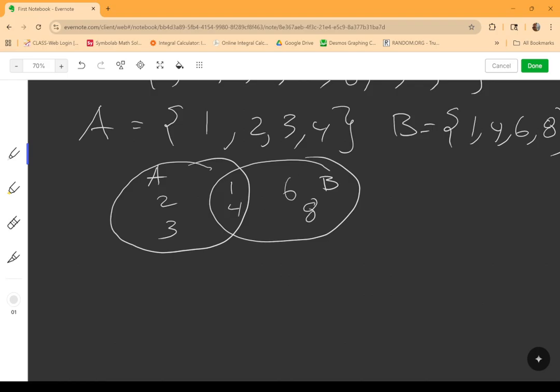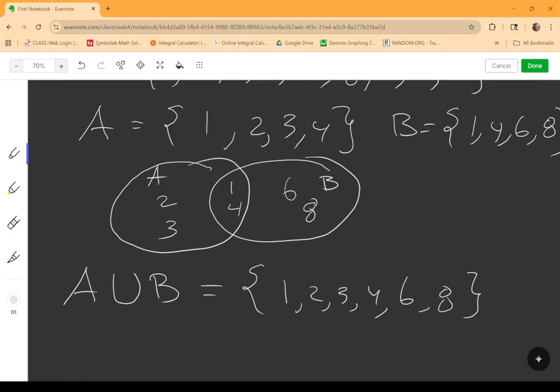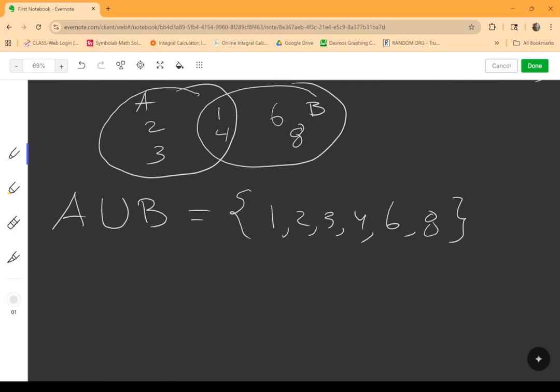I wrote it like a Venn diagram so we can illustrate this. When we say A union B, this is both of these combined. So A union B would involve 1, 2, 3, 4, 6, 8. That would be all the elements in A and B. So this is union.